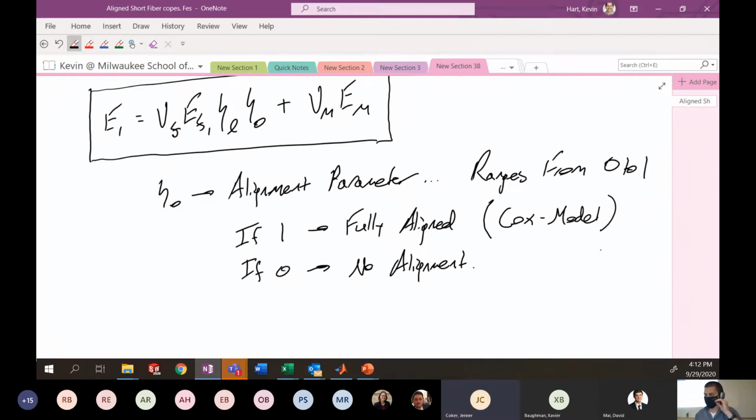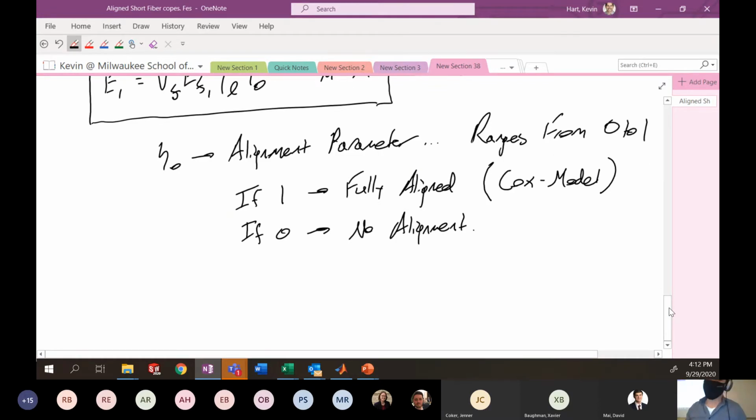Quick question. So, if the alignment parameter is 0, is there a difference between that and random? Yes, there's a difference. Let me be more clear. The alignment parameter can never be 0, so that will clear things up.